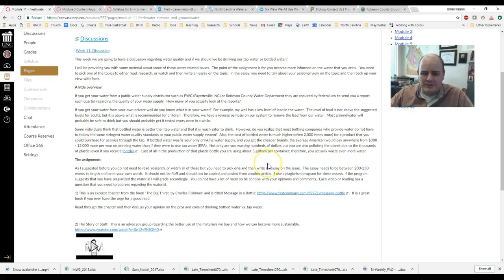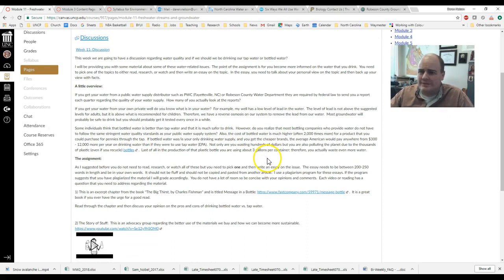Now, if you were to just drink bottled water, it's actually fairly expensive. Say the cost of bottled water is about 2,000 times the cost of that same amount of water if you got it from the tap. That same amount of water from the tap is like 4/10 of a penny per 16 ounces. It's ridiculously low.